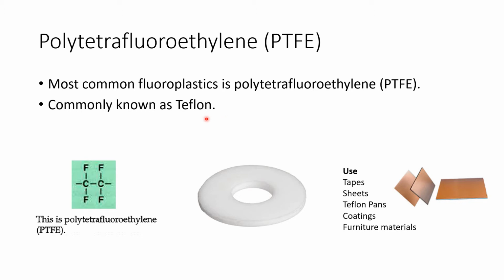If you think about Teflon, remember your pan in your kitchen. The monomer looks like that. Instead of 4 hydrogens, we have 4 fluorines, the 4 fluorine atoms forming a fluoride with 2 carbons.